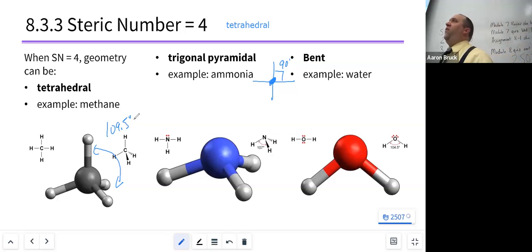So by going from 2D to 3D, we're gaining an additional nearly 20 degrees of separation between the groups. And that's why we have to think about things 3-dimensionally instead of 2-dimensionally when it comes to molecules.